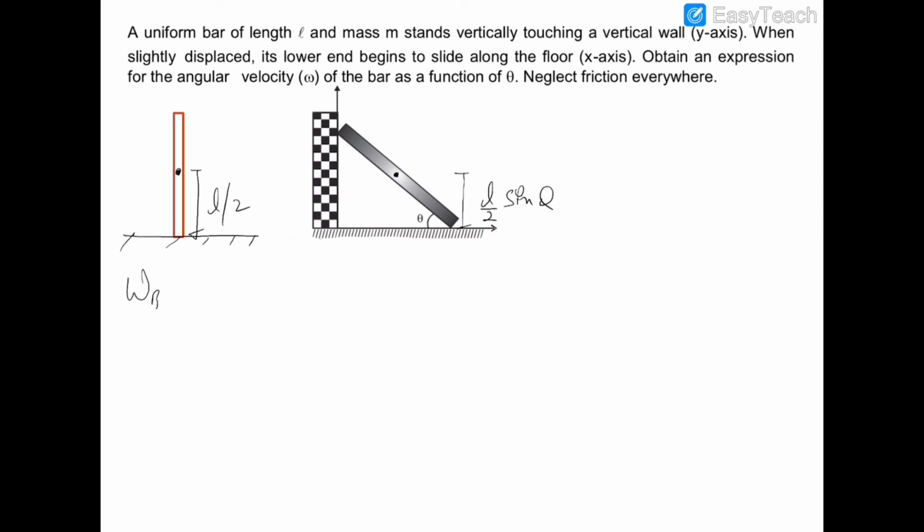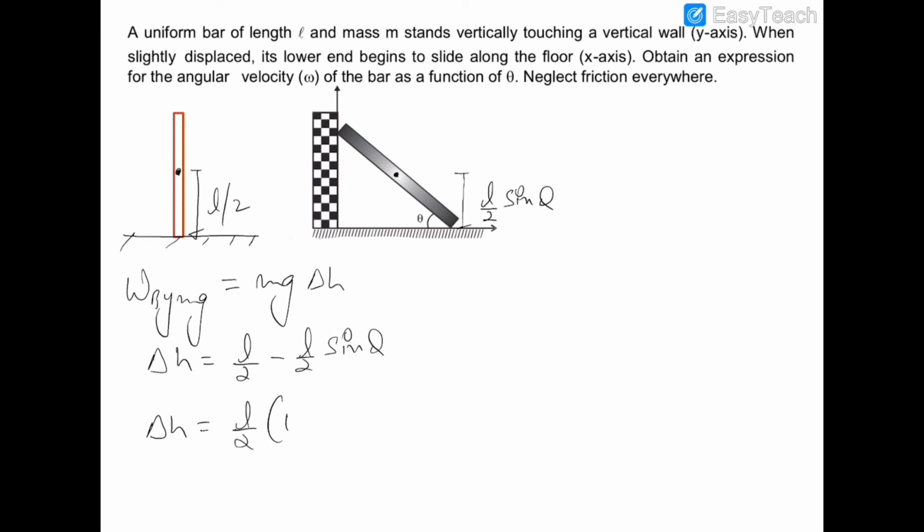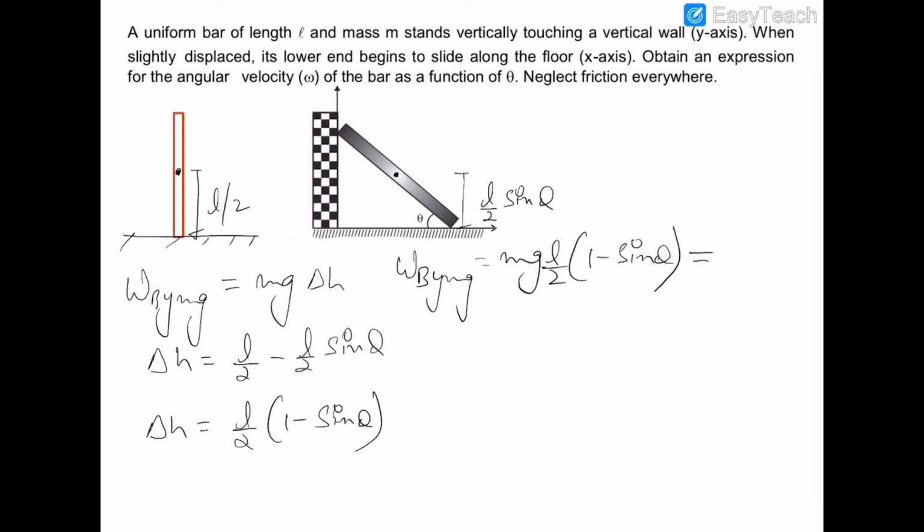So the work done by mg on the rod is mg delta h, where delta h is the length by which the center of mass has descended. So this is L by 2 minus L by 2 sine theta. So delta h is equal to L by 2 into 1 minus sine theta, and therefore work done by mg is equal to mg L by 2 into 1 minus sine theta, and this is equal to half I omega square.